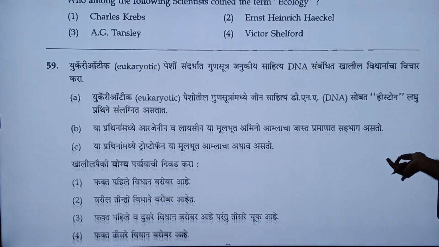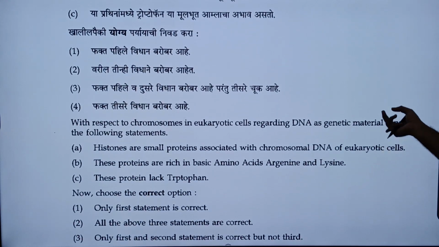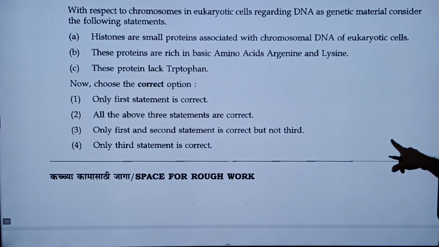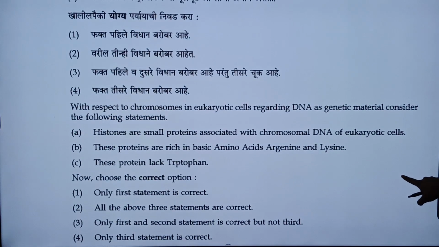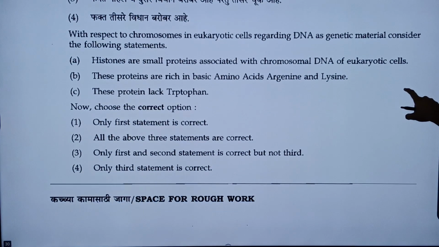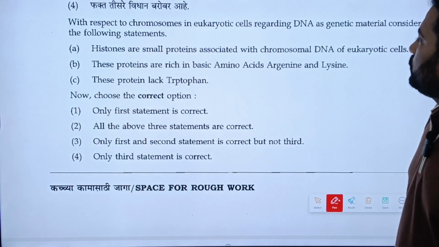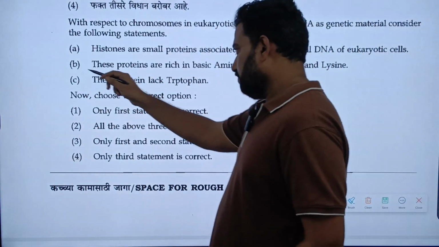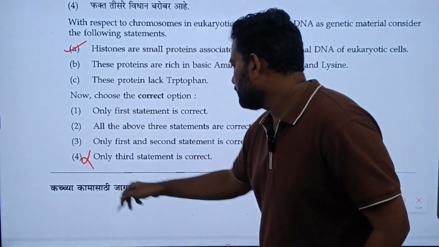Next question, again from biology. With respect to chromosomes in eukaryotic cells regarding DNA as genetic material, consider the following statements. Histones are small proteins associated with chromosomal DNA of eukaryotic cells, right? Only the third statement is correct, eliminate.